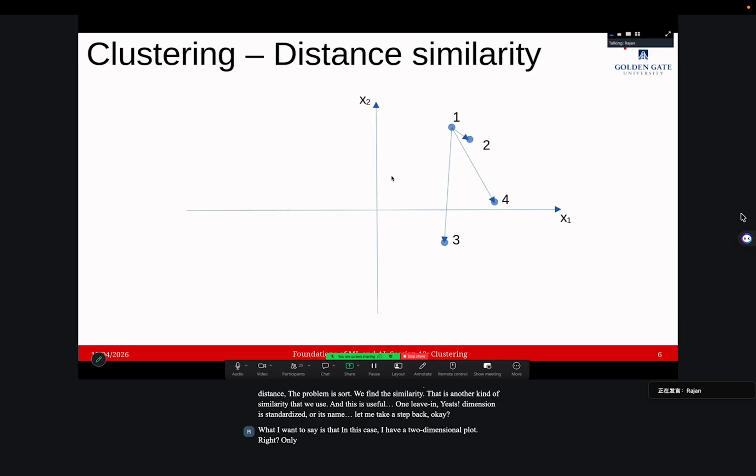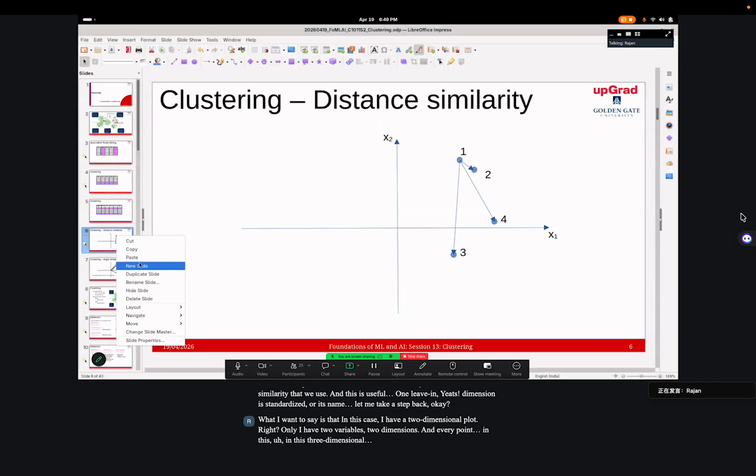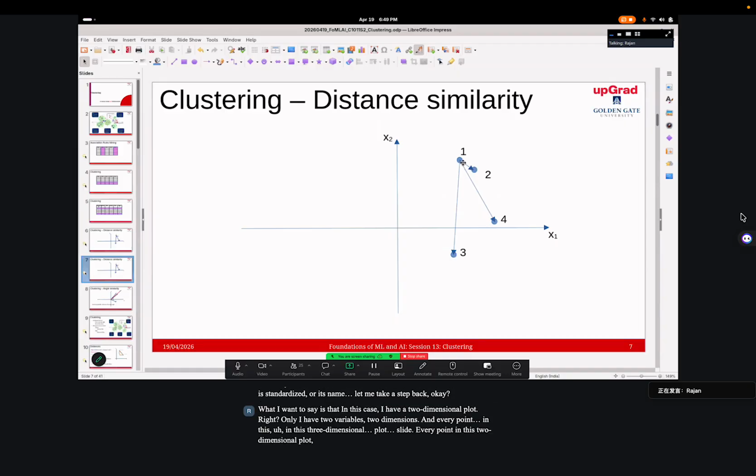I have only two variables, 2 dimensions. And every point in this two-dimensional plot, I can represent as a vector, right?